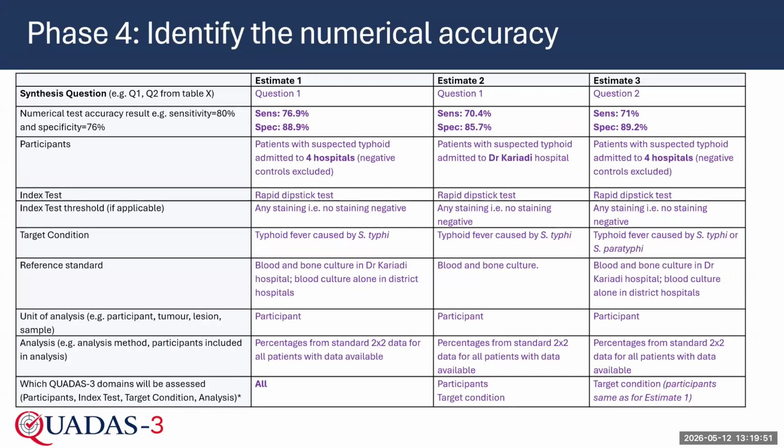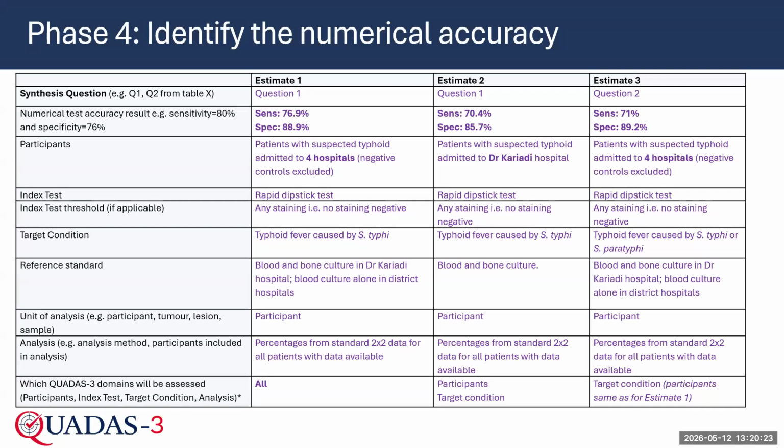Okay, so what we do then is we take those 3 estimates we've identified, and then we fill in this information to help us know what these estimates are, what do they relate to, and how might they be different. So, as I said before, for estimate 1, we'd fill in all the QUADAS domains. For estimate 2, we'd need to fill in participants and target condition. Again, we'd expect the index test and the analysis domain to be the same. The participants would be different because they're just coming from this single hospital.